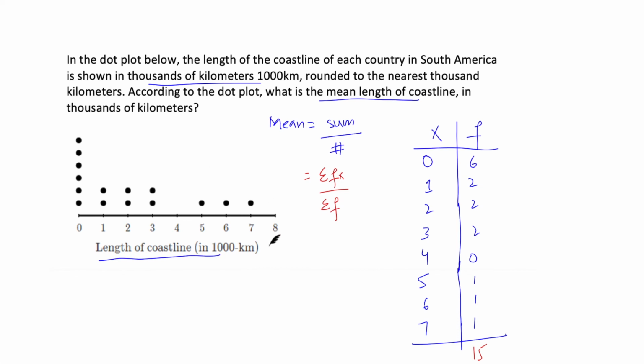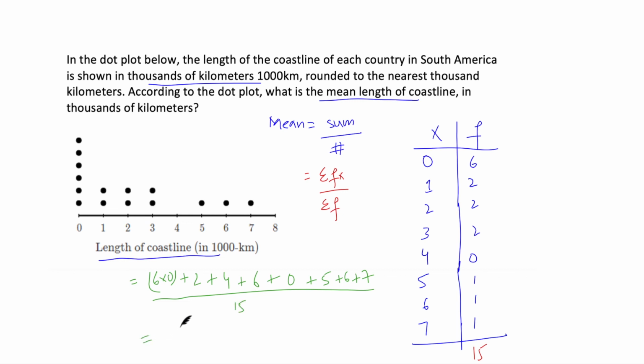Let's do the math. 6 into 0 plus 1 into 2, which is 2, plus 2 into 2 is 4, plus 3 into 2 is 6, plus 4 into 0 is 0, plus 5 into 1 is 5, plus 6, plus 7, divided by the total frequency, 15.